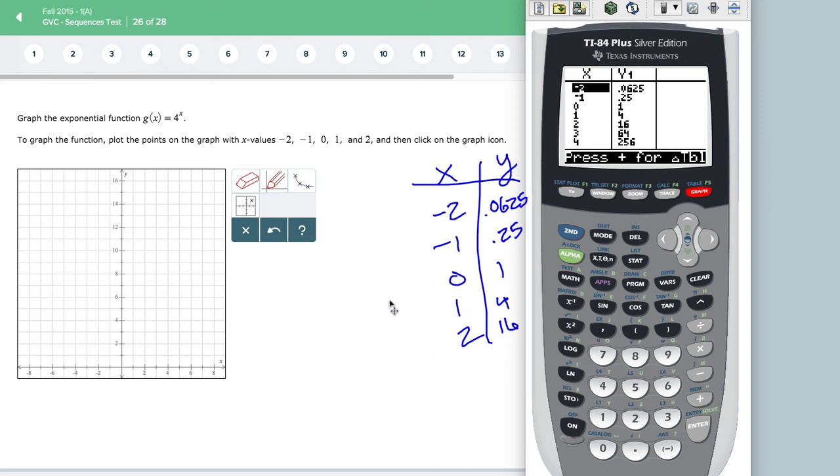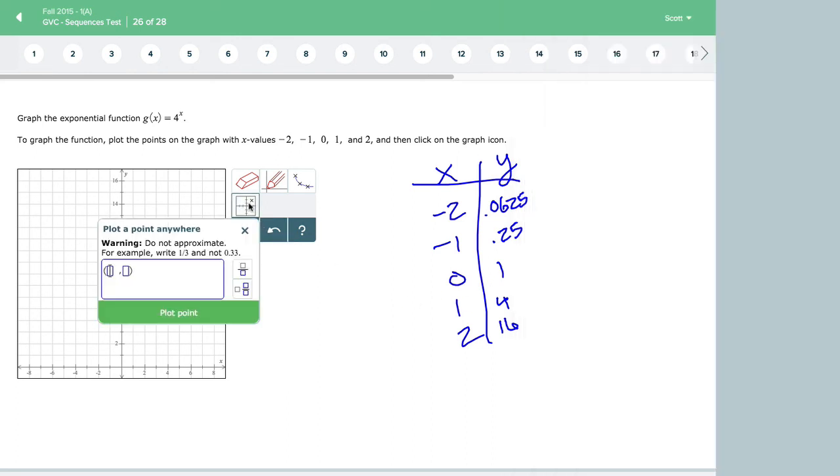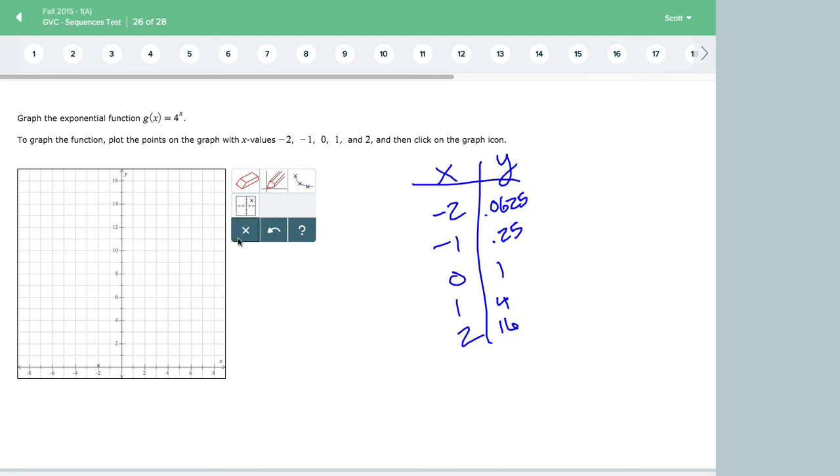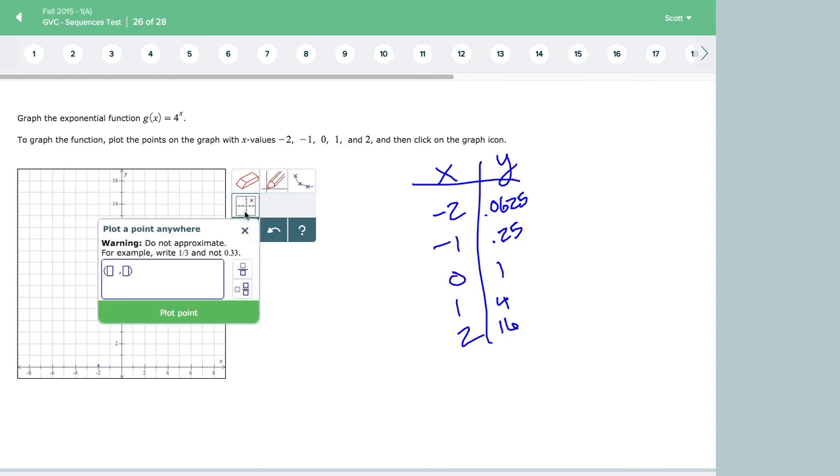Okay, so now we have all our points. We can just use this point plotter, or whatever you want to call it. -2, and then that is 0.0625, plot point. And the next one is -1. Oops, yeah, click on it first. -1 and 0.25, plot point.